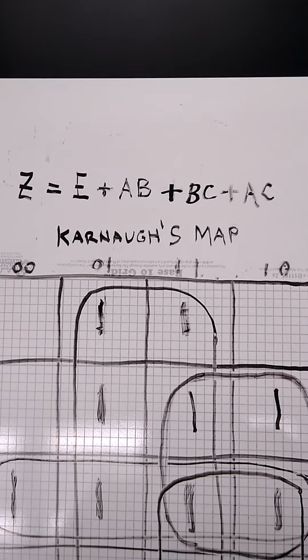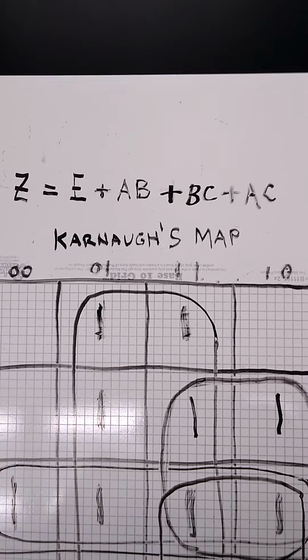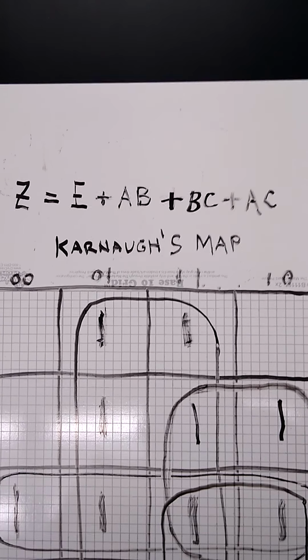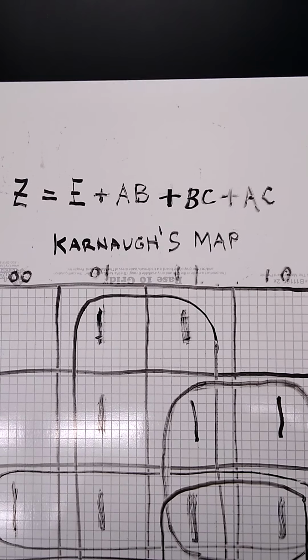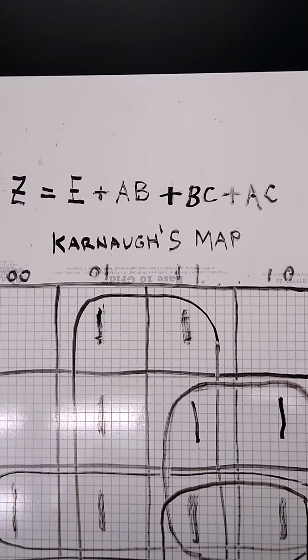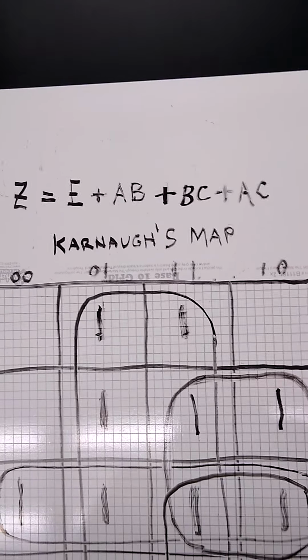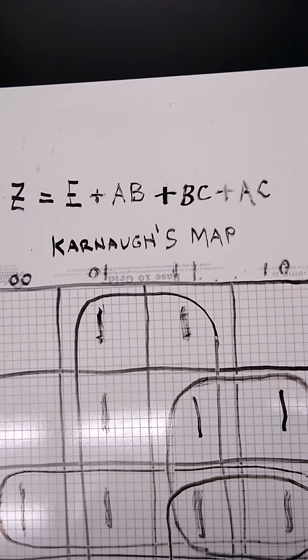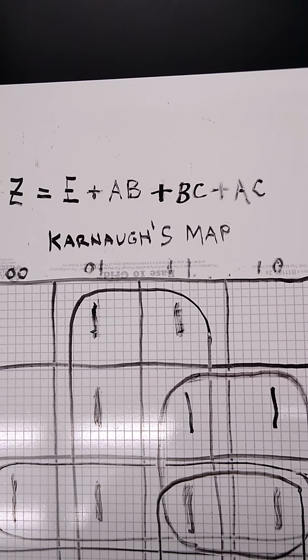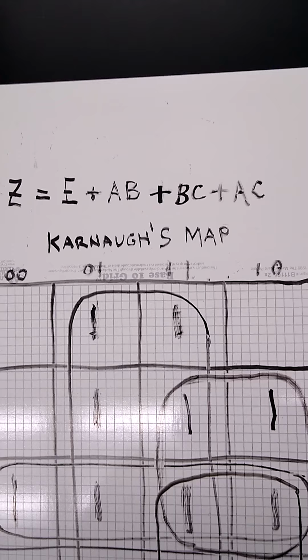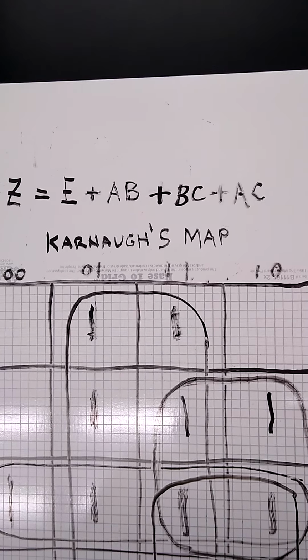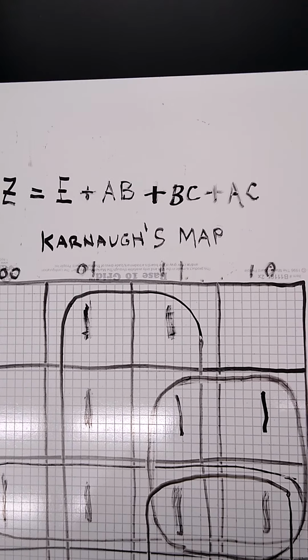Then I will do, for example, the sum of E plus the product of A times B, and then I will use another OR to do the sum of BC plus AC, and at the end I will have also the sum of these two outputs.